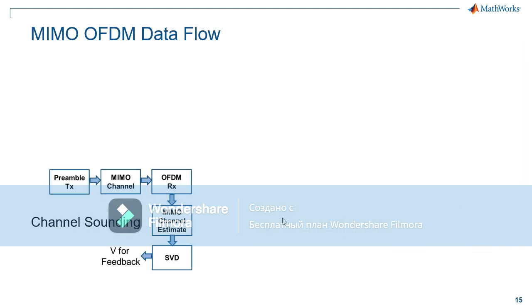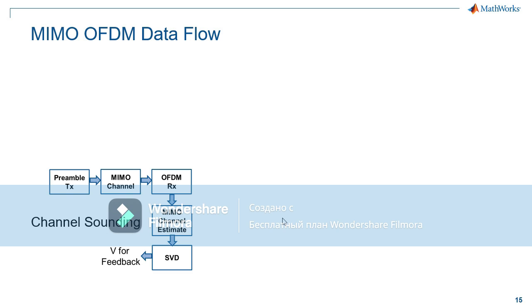Let's look at the MIMO OFDM data flow, which is the foundation of LTE and 5G and other similar systems. When you want to do beamforming or spatial multiplexing, essentially MIMO signal processing on an OFDM signal, the process is done in two phases. You have to do what's known as channel sounding to understand the impulse response or the frequency response of the channel. You send a preamble transmitted signal.